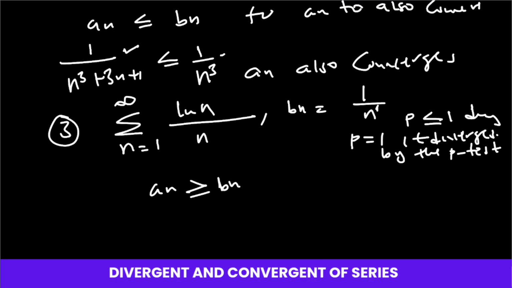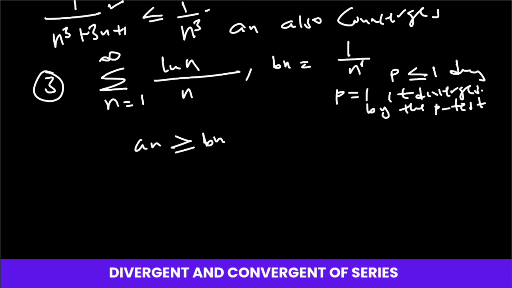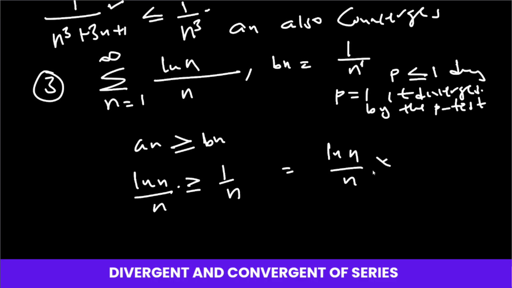Now let me proceed with it and see. You can see clearly that length of n over n is always greater than or equal to 1 over n. The reason is that we have 1 over n in this function, and we multiply it by a multiplier of length of n, so this one will always be greater than it. Or another way is to do the expression just like the one I said, which will also work. Here, dividing straight, length of n over n all over 1, the n cancels and you get the length of n.